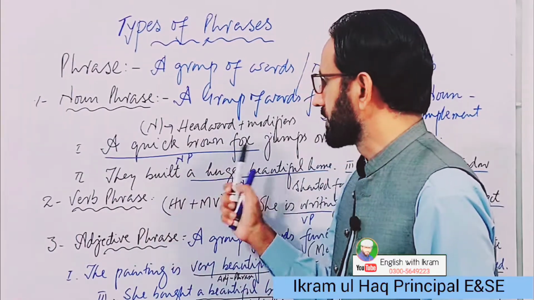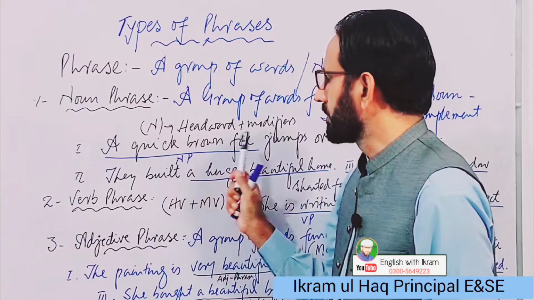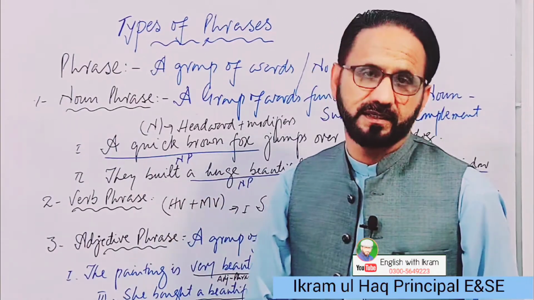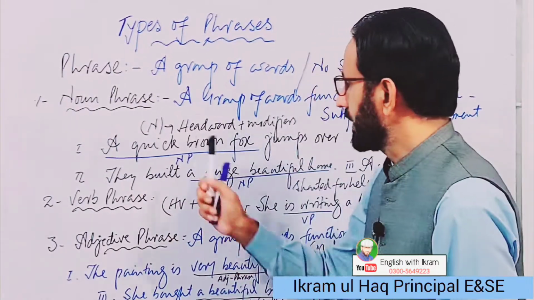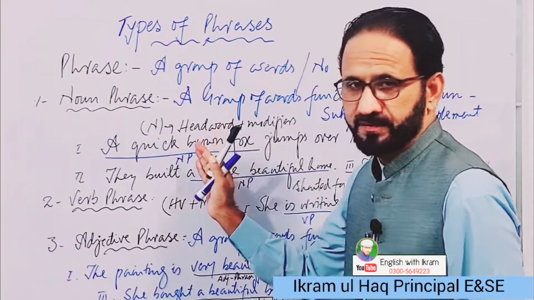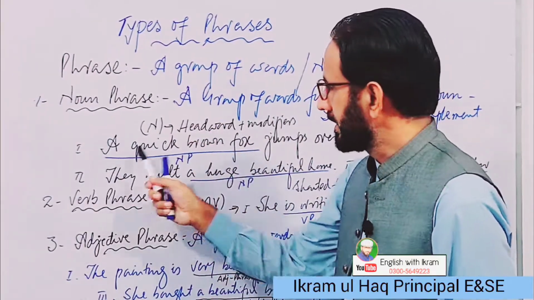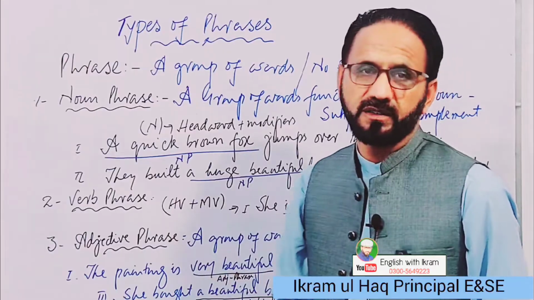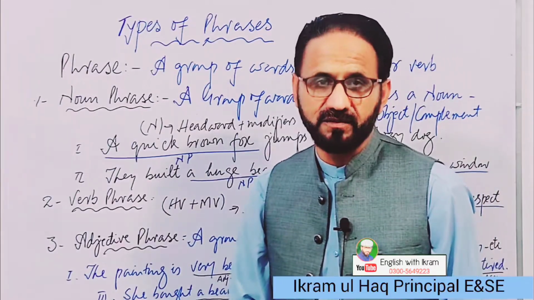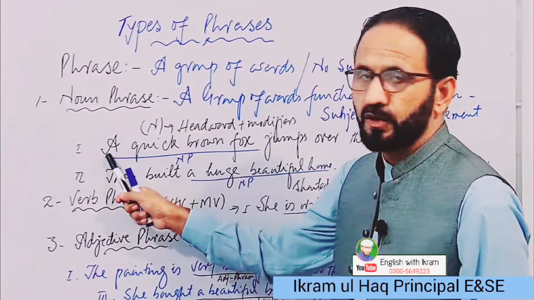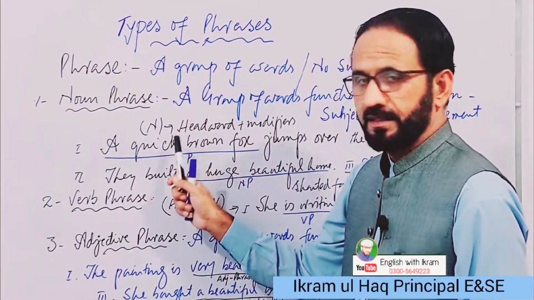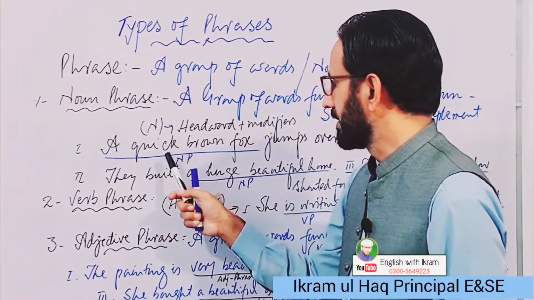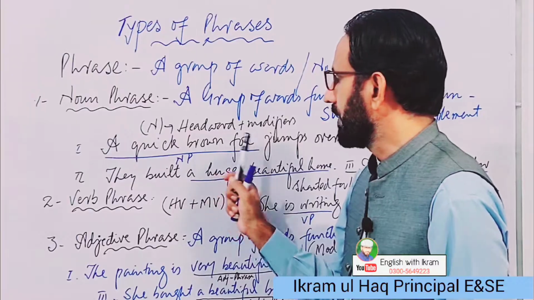A quick brown fox. This is a noun phrase. A quick brown fox before the verb. That's a noun. In this sentence, a quick brown fox is functioning as a noun. So it is a noun phrase. A, a modifier; quick, again a modifier; brown, modifier.